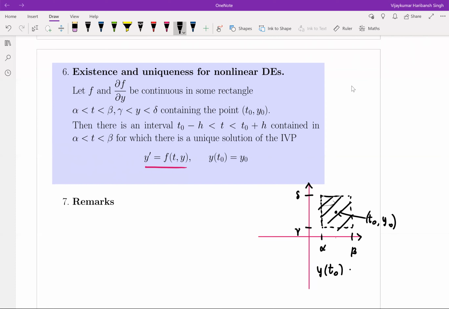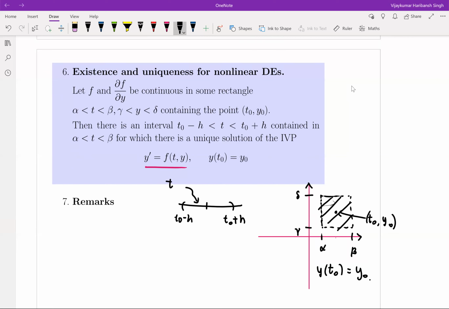It says that if f and dou f by dou y are continuous on some rectangle around t naught, y naught, then there exists an interval around t naught. So if you look at t naught minus h to t naught plus h, if you take your t from here, then there will be a unique solution to this IVP.